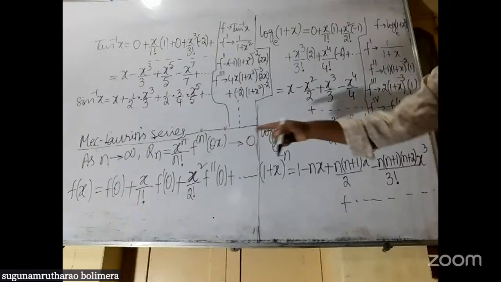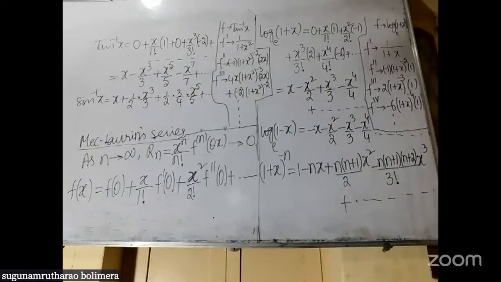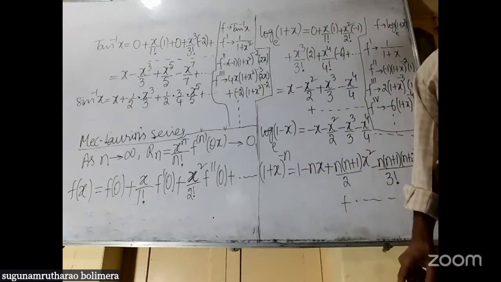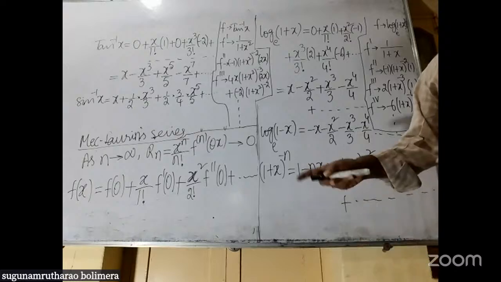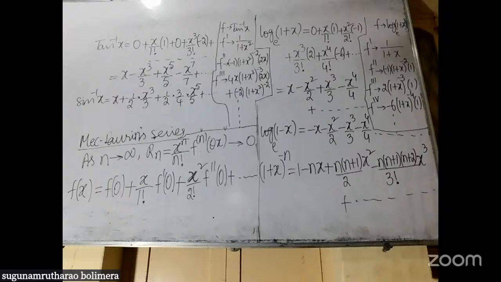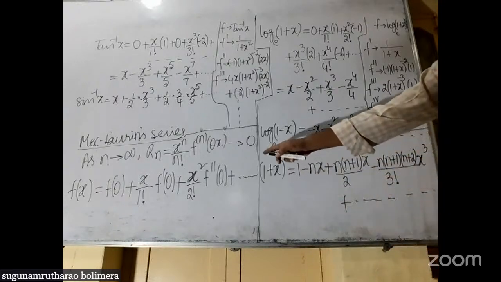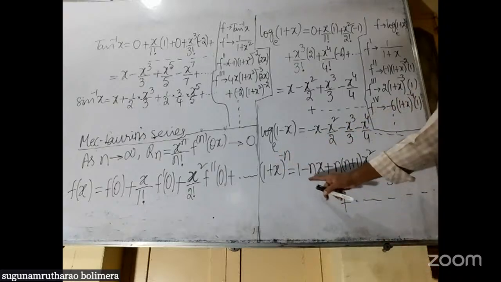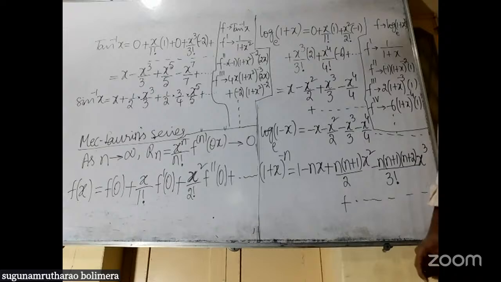This also you can write based on the Maclaurin series, considering f of x as (1 plus x) whole power minus n and finding their derivatives respectively, first derivative, second derivative, and putting x equals to 0 everywhere, all those infinite series terms. So you keep targeting (1 plus x) whole power minus n.